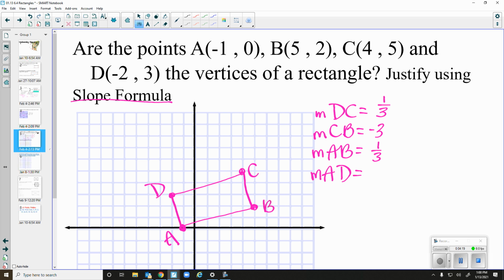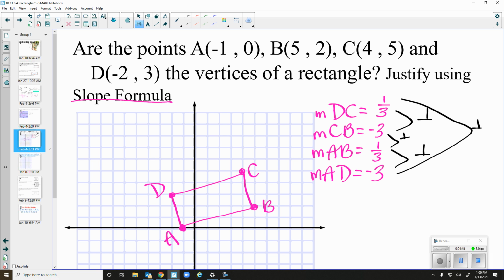And AD is -3. So we proved those are perpendicular. We proved those are perpendicular. We also have that these are perpendicular and these are perpendicular. So all of our sides are perpendicular, meaning we have 4 right angles. Ta-da!